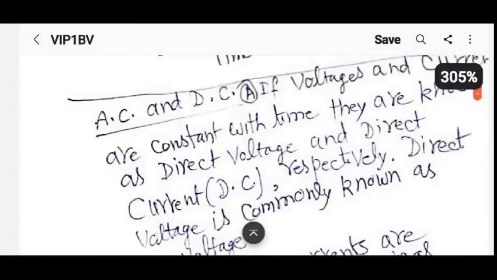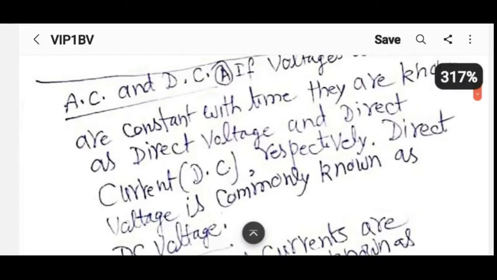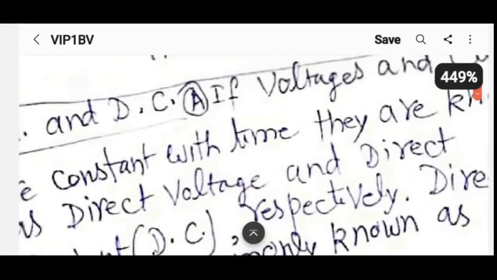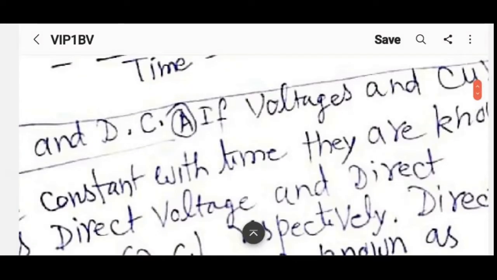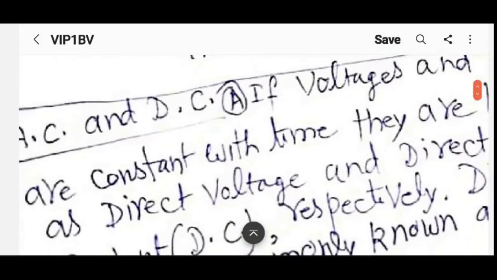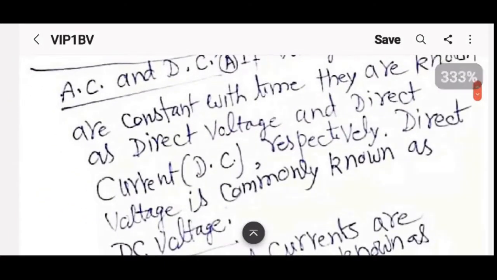Now, another thing that you have already seen, I'm sure, a lot is that whether it's current, voltage, or power, or even energy, they can be either functions of time or constant with time. If they are functions of time, we call them AC, alternating current signals. And if they are constant with time, typically the word used is DC.